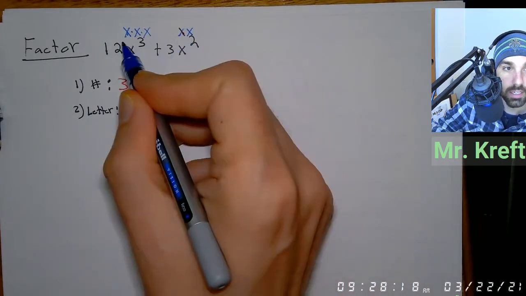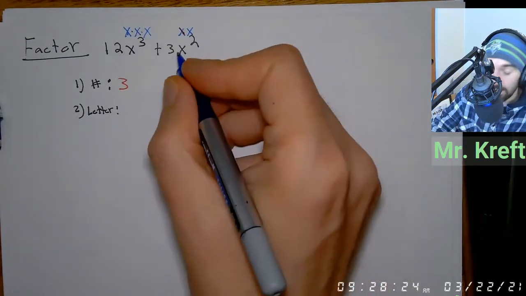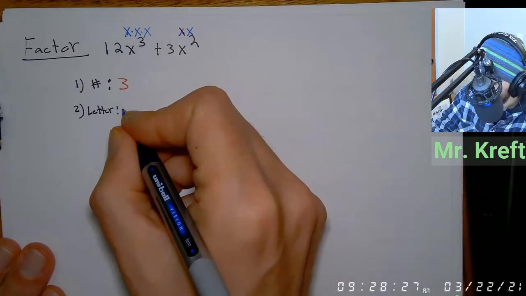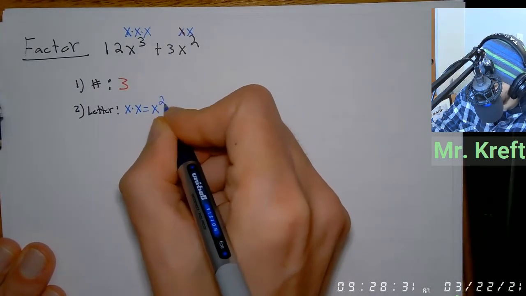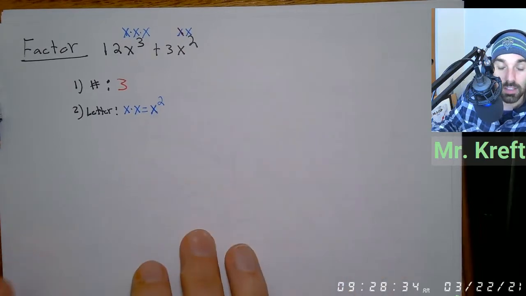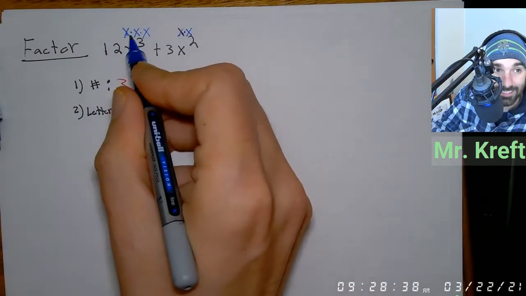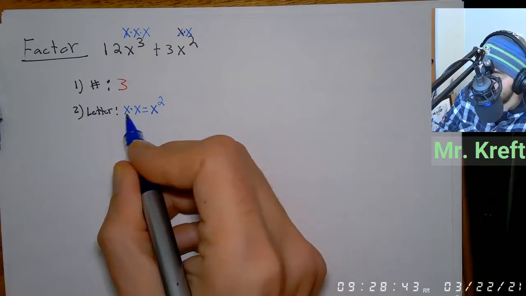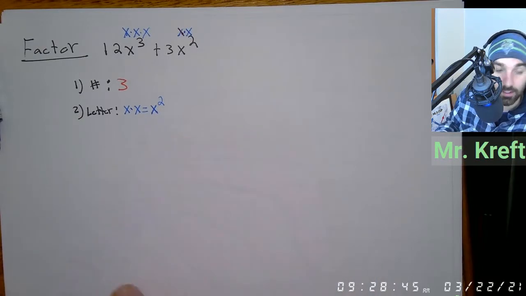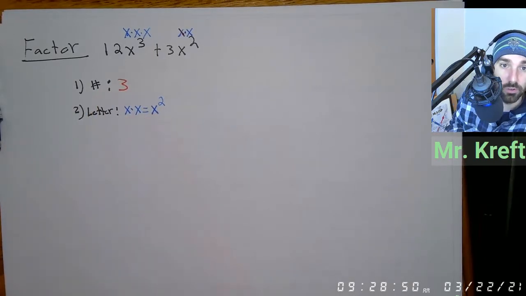Be careful, it's not just that we're taking 2 x's, we're taking x times x, which is x squared. I don't want people to get confused that we're adding. This is x times x times x, so we're not adding them. It's x times x, which is x squared. So I can pull out a 3 and then x squared.